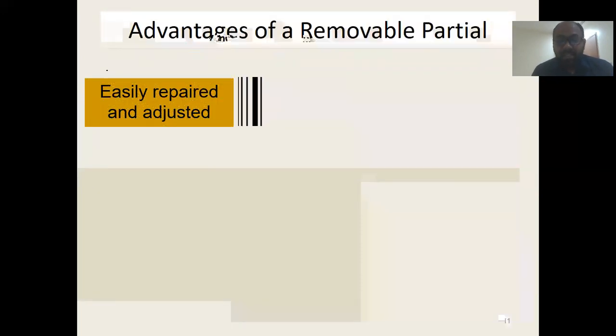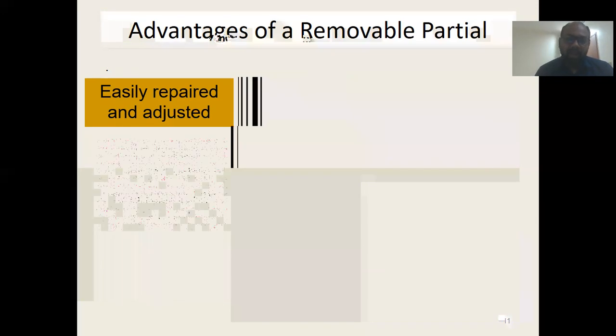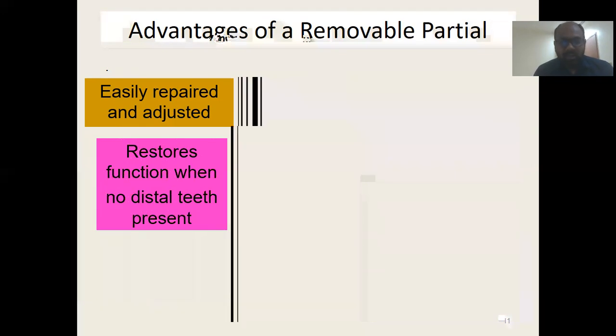The advantages that a removable partial denture offers: it is easily repaired and adjusted. This is a very important advantage. It also restores function when no distal teeth are present, which is a contraindication for fixed partial denture fabrication.